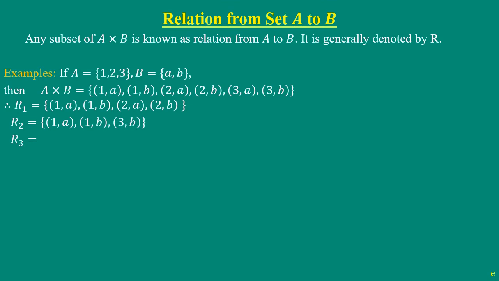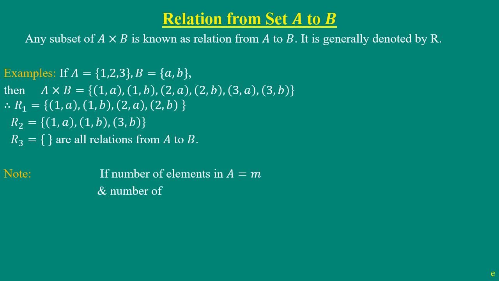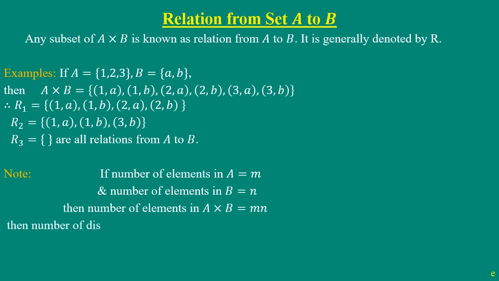See, all these R1, R2 and R3 are subsets of A cross B. Therefore, all these are relations from A to B. If the number of elements in A is equal to m and the number of elements in B is equal to n, then the number of elements in A cross B is equal to mn and the number of distinct relations from A to B is equal to 2 to the power mn.